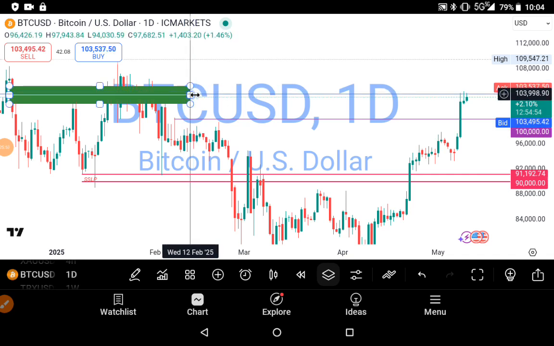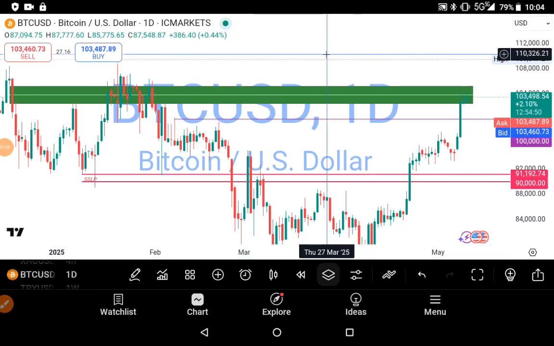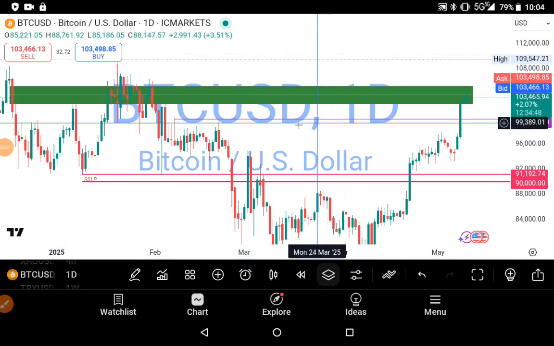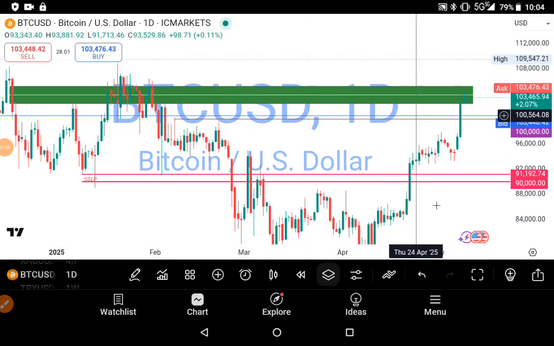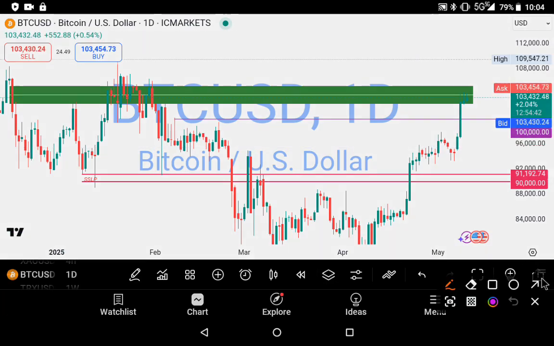So I have a level of interest here, extended to the right, which happens to be a CB here. It was a previous CB here. Sell side imbalance, buy side inefficiency. It has been efficiently delivered here.